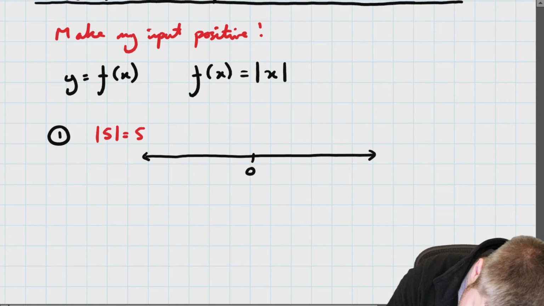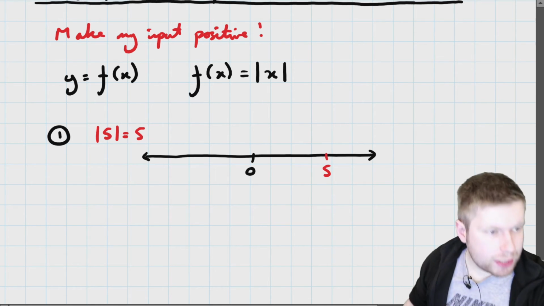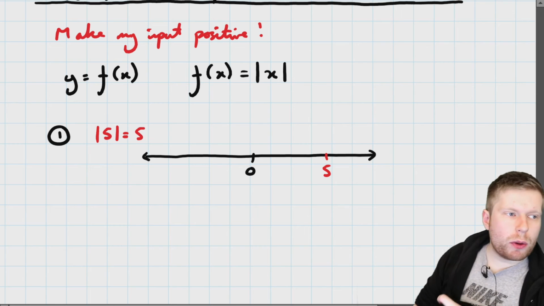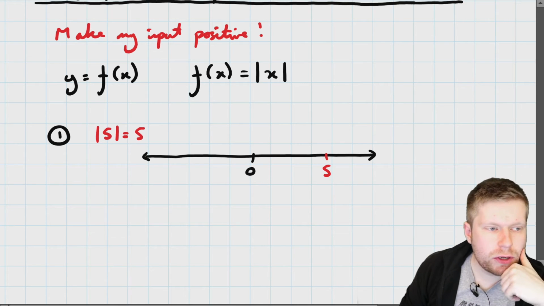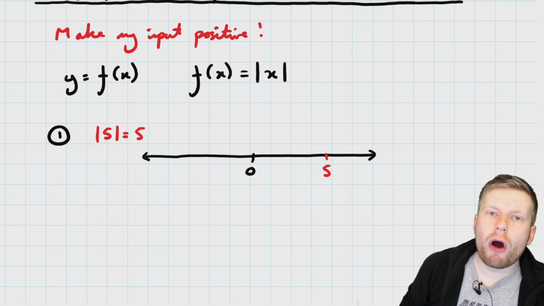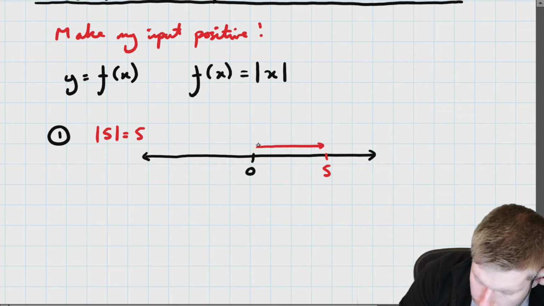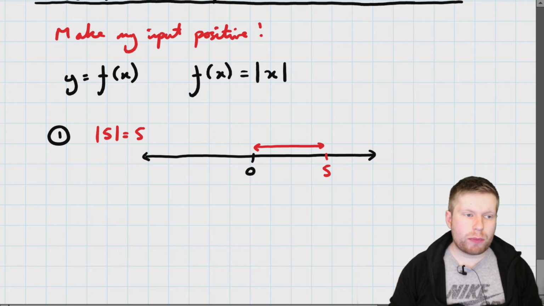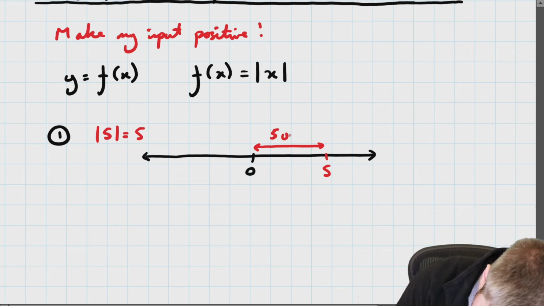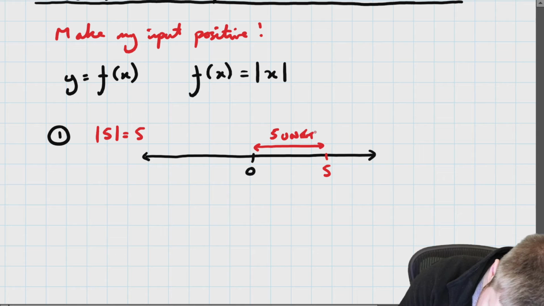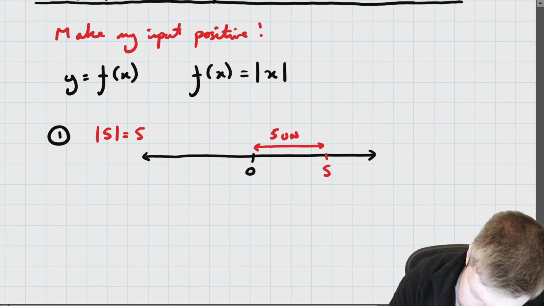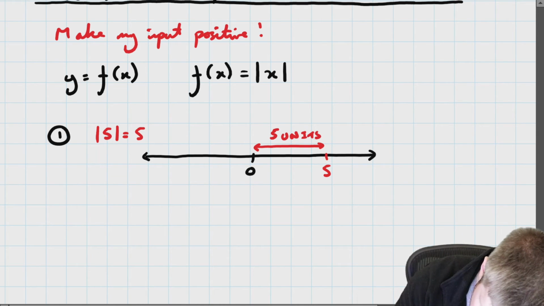What that literally means, if I take 5 on my number line, is the absolute value of 5, or the modulus of 5, just simply asks the question, how far away from the origin is it? As you can see, 5 is 5 units away from the origin. So the way you can interpret the absolute value function is that it's simply saying it is 5 units away from the origin.